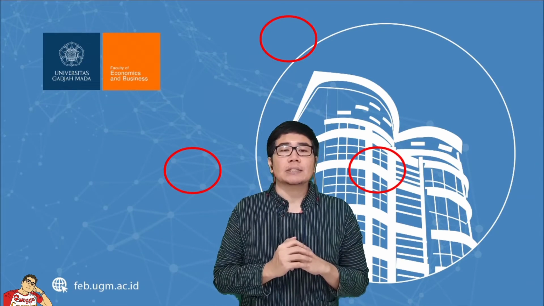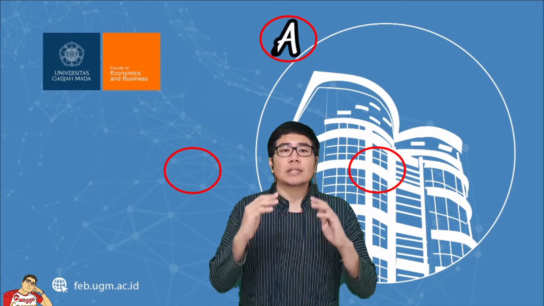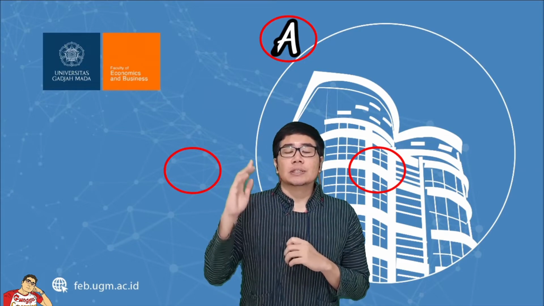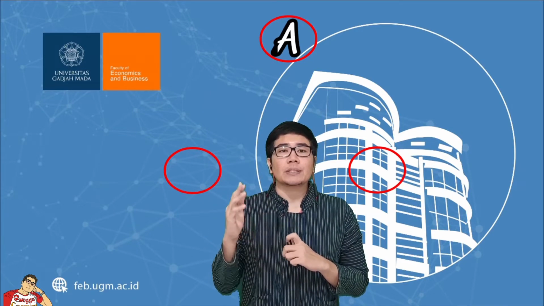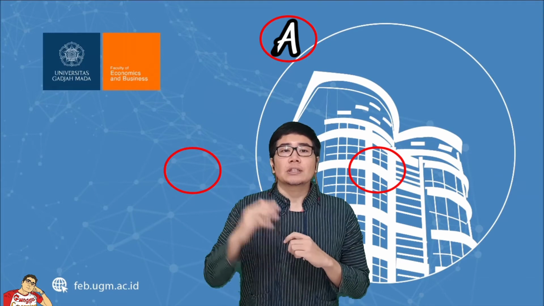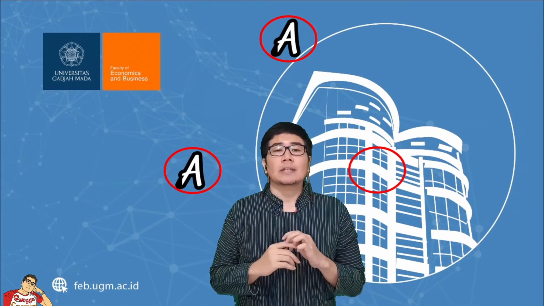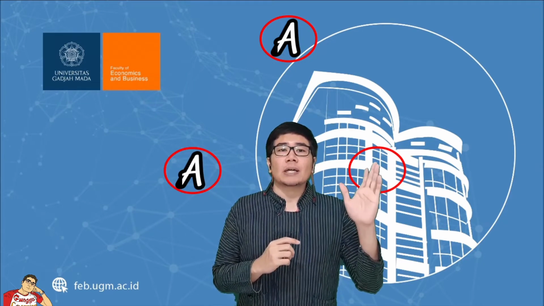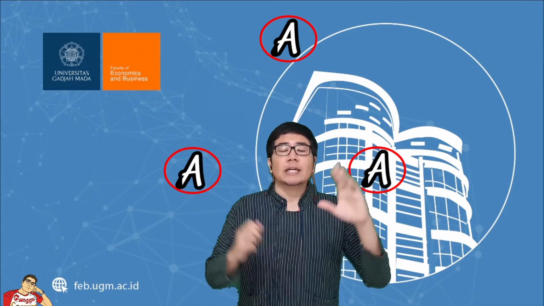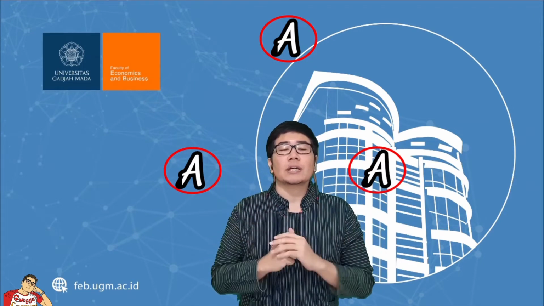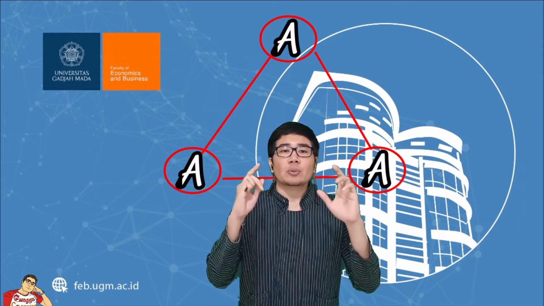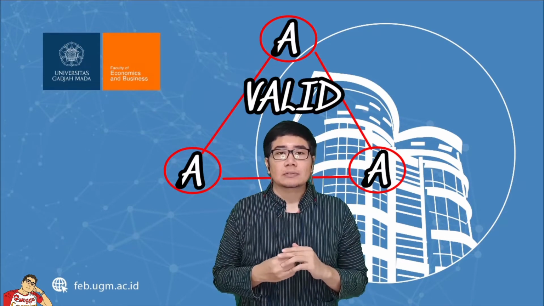Let's say that from the interview result we gather information A. Then we also gather the same information A by using document analysis. And then we conduct observation and also gather information A. Thus, we can conclude that after using a triangulation method, information A is valid and reliable.